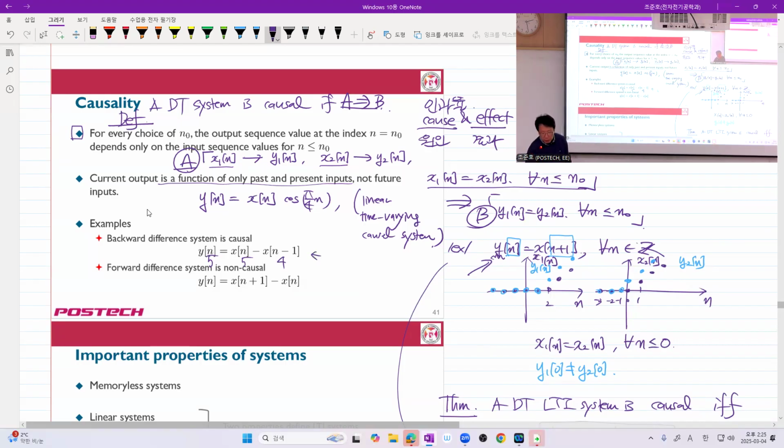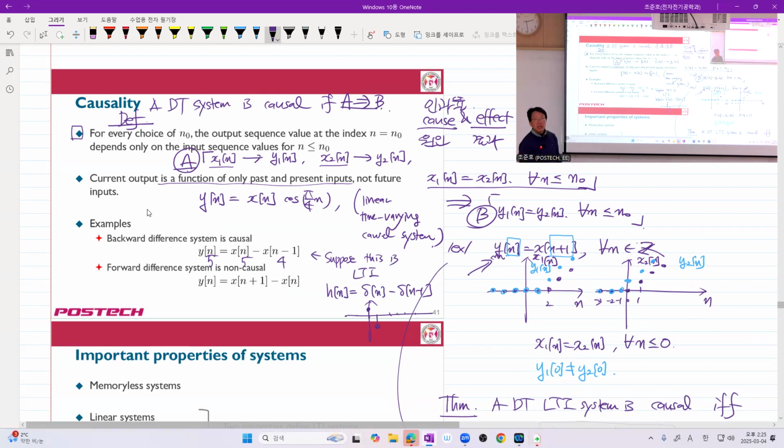We should be careful in stating that, but suppose this is LTI. Then what is the impulse response? The impulse response equals what? Delta of n minus delta of n minus 1. So if you plot it, you have 1, -1, and all zeros.